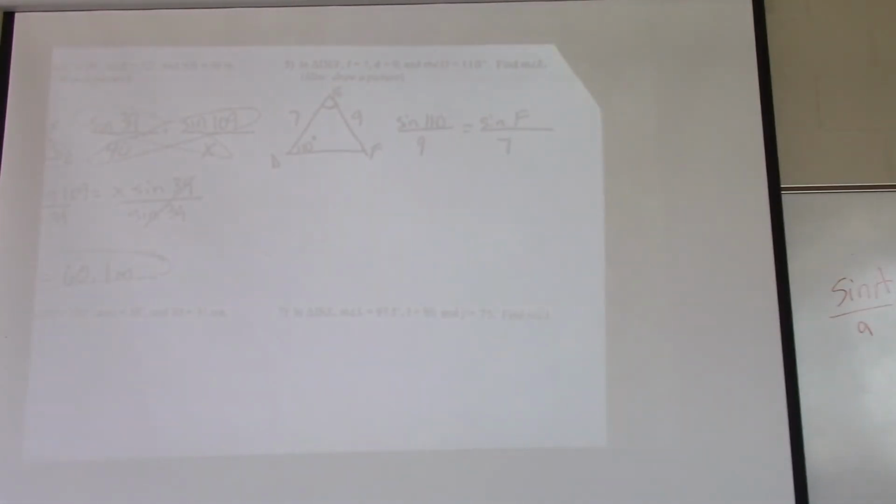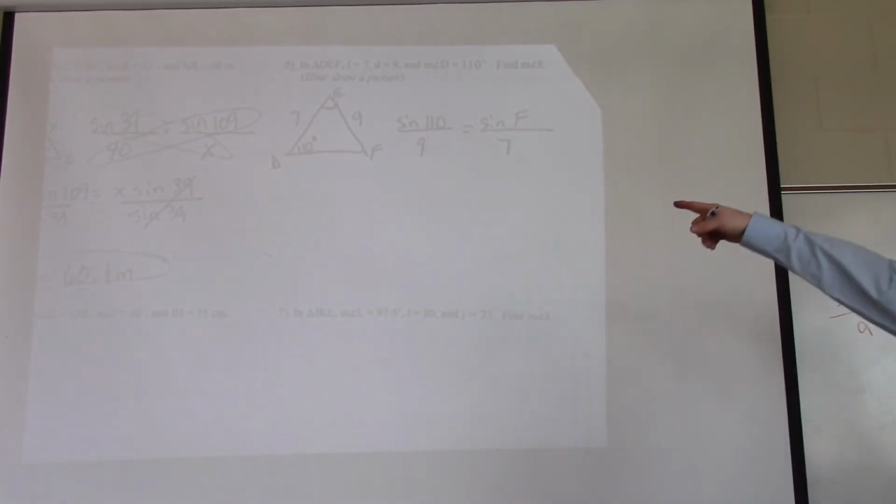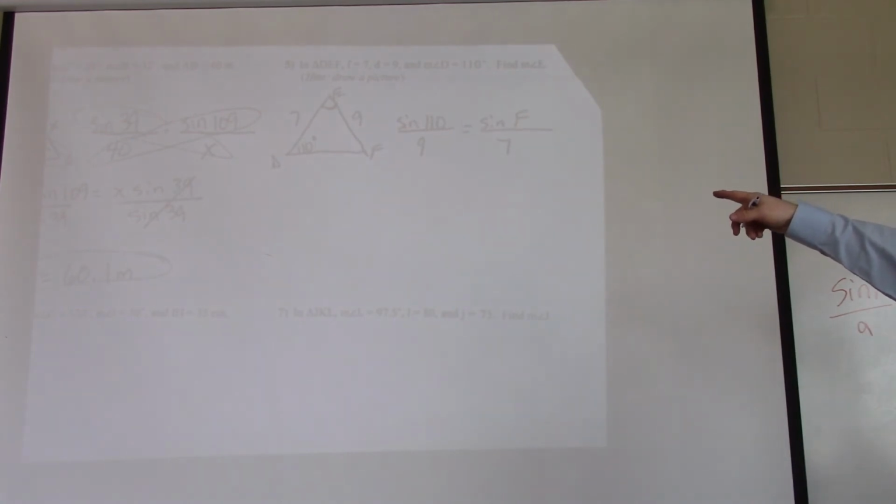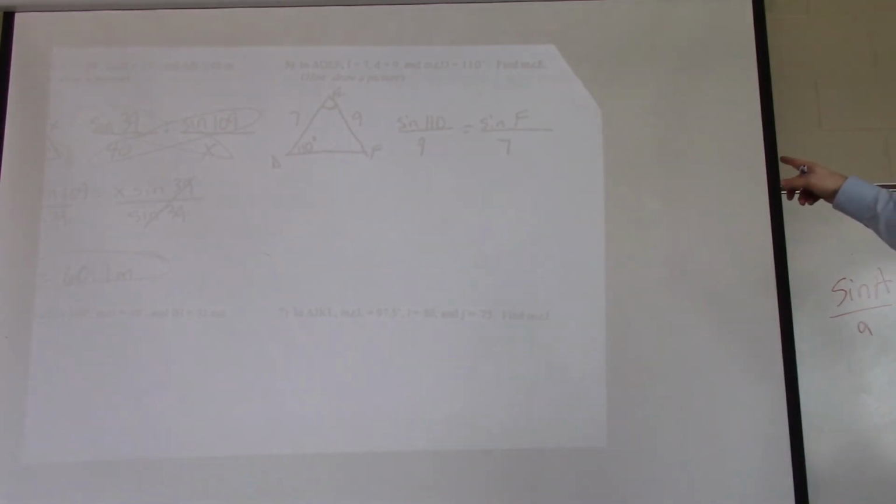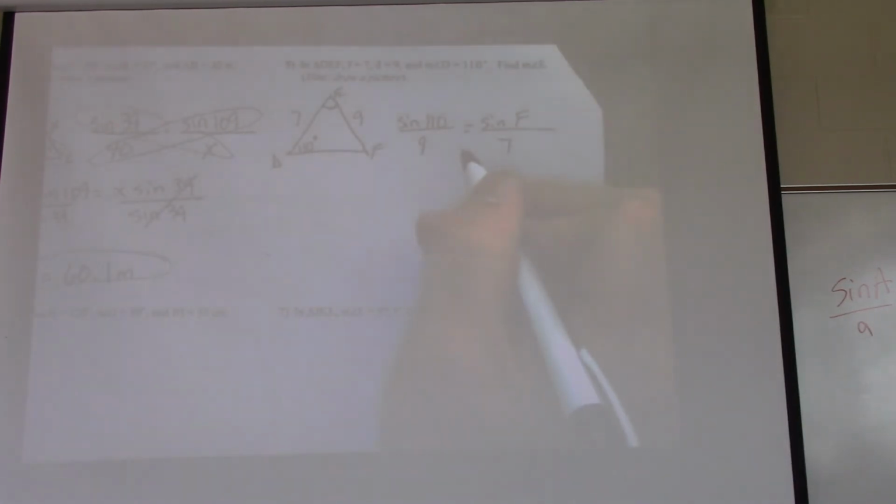And these are the two types of problems you're going to see. You're going to see one problem where you're trying to find a side length, so x is on bottom. You're going to see one problem where you have to find an angle. Do you remember how we find an angle? We'll get to that. Let's see if you can remember. What do I do next? Solve the proportion. Cross multiply.